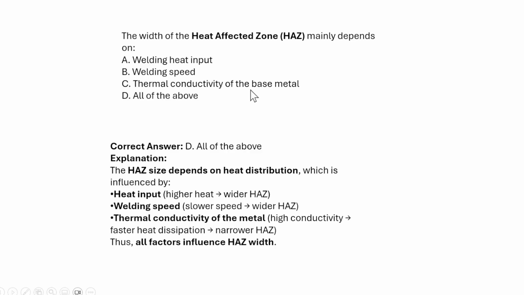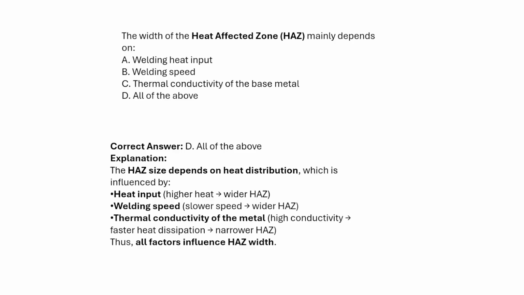If thermal conductivity increases, the heat affected zone will be reduced, because the metal will immediately dissipate that heat to the parent material. So all of them affect it, and the answer will be D.